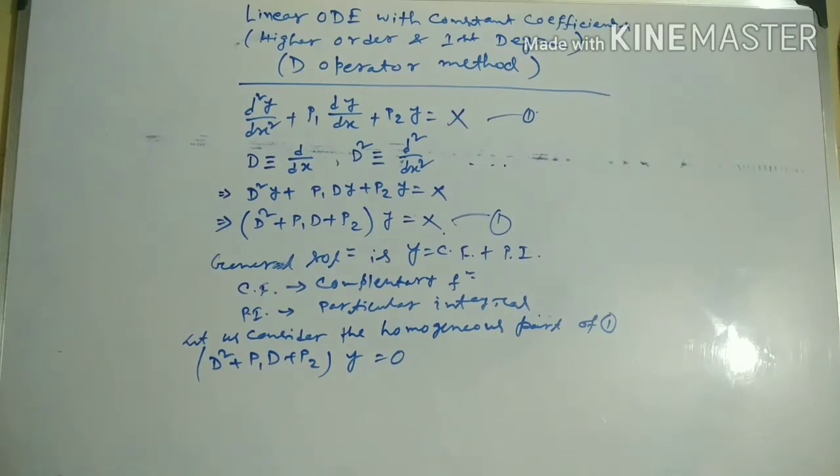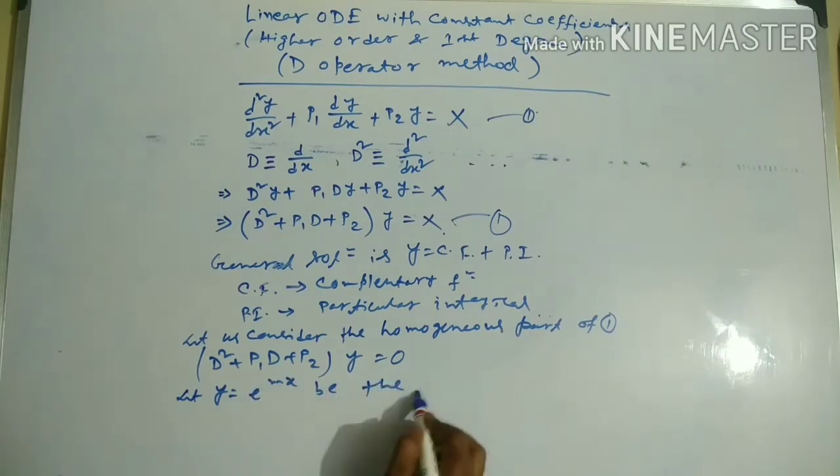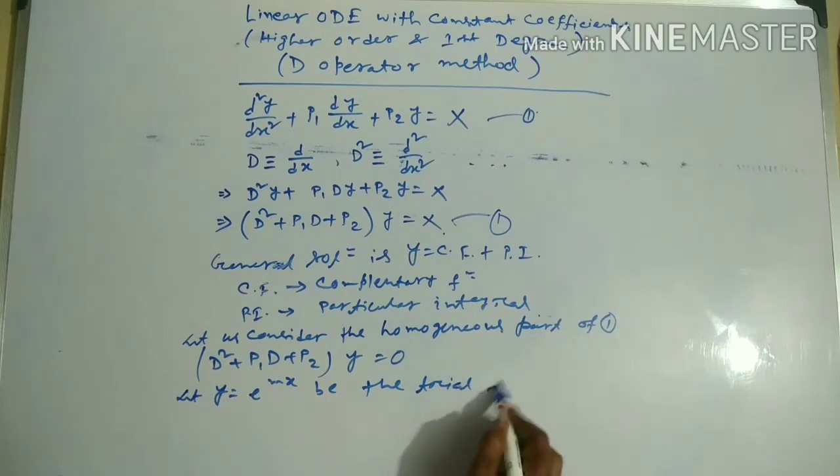This is the homogeneous part. Next, we will take a trial solution. So let y equal to e to the power mx be the trial solution.